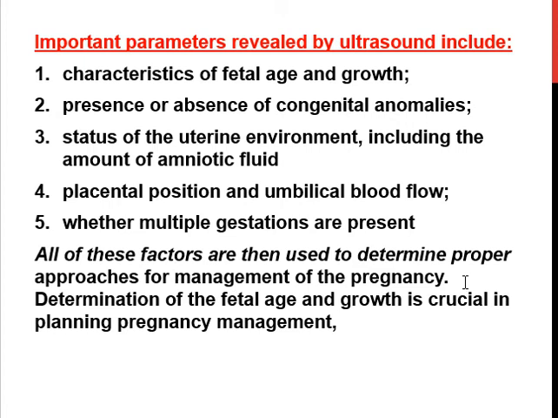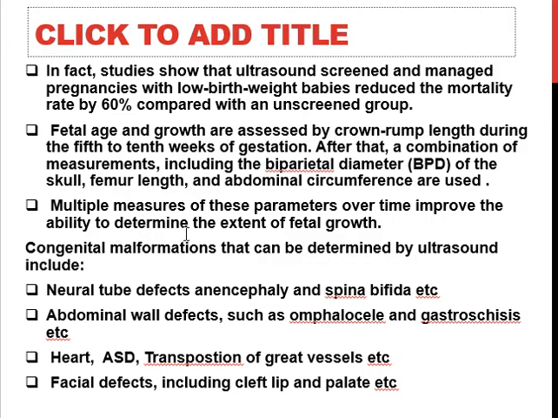So we can manage the pregnancy by looking at these factors. Determination of the fetal age and growth is crucial in planning pregnancy management. If the growth and fetal age are in relation with each other, then we can plan pregnancy management. Studies show that ultrasound screened and managed pregnancies with low birth weight babies reduce the mortality rate by 60% compared with an unscreened group.